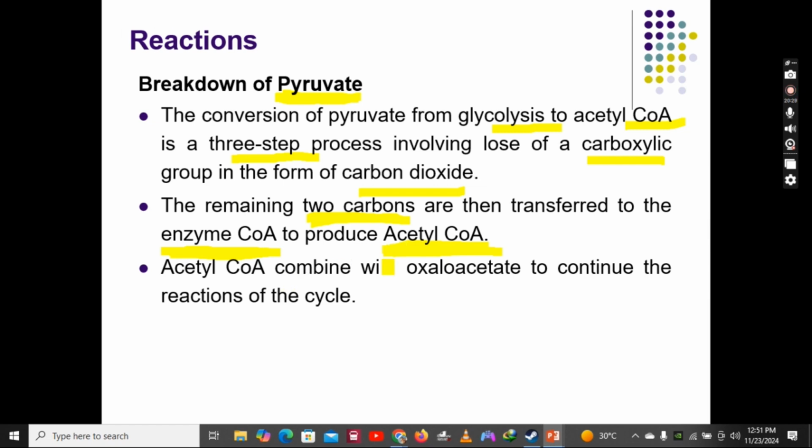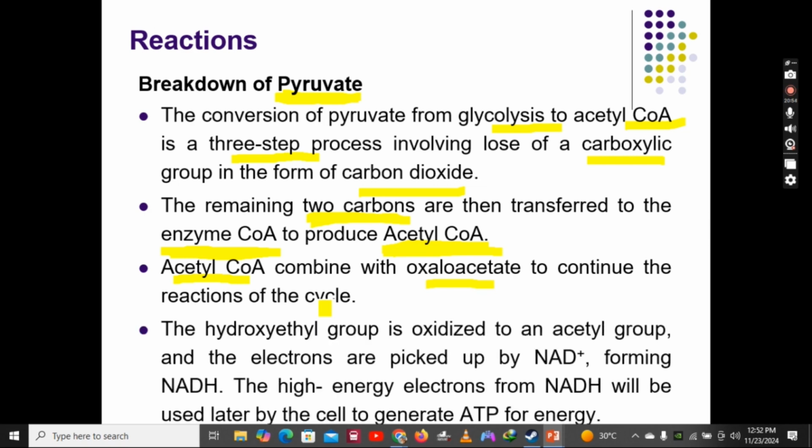So the acetyl CoA now combines with oxaloacetate and continues the reaction of the cycle. So the acetyl CoA will combine with oxaloacetate, and there the process continues. Okay, that's what is happening in this cycle.